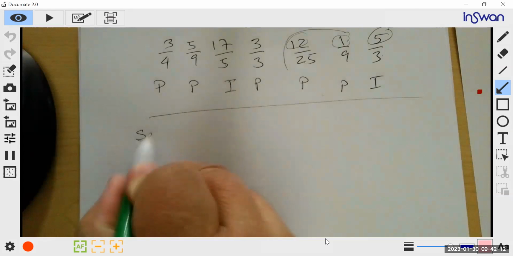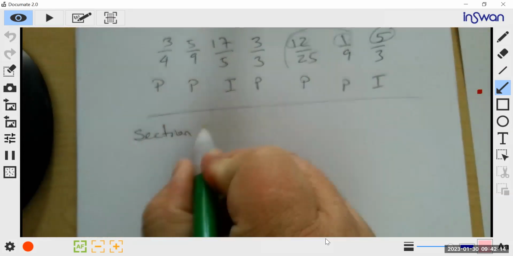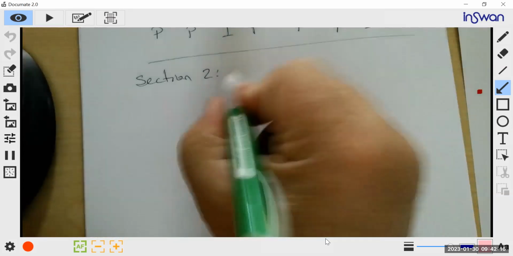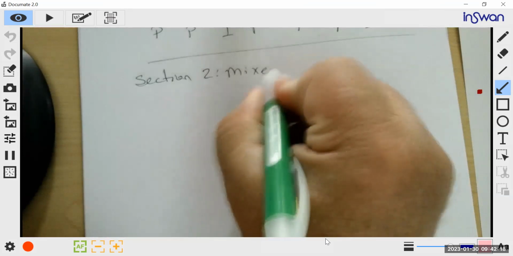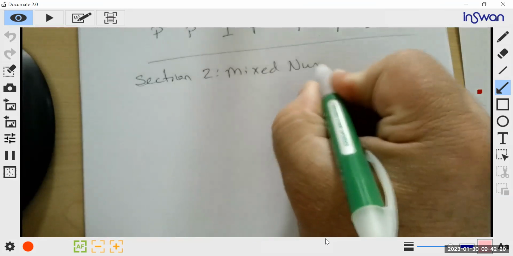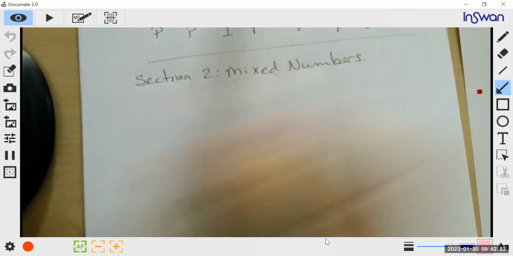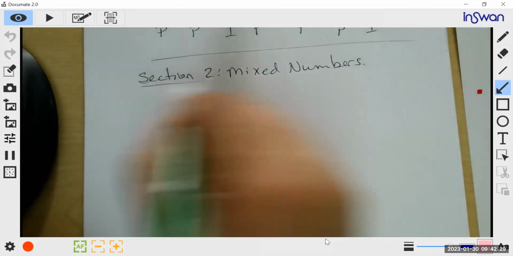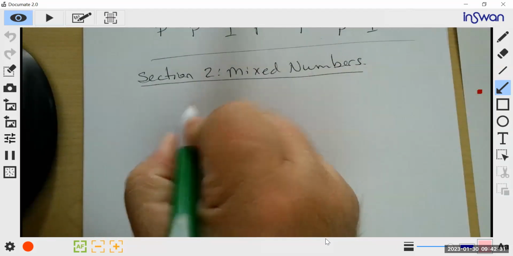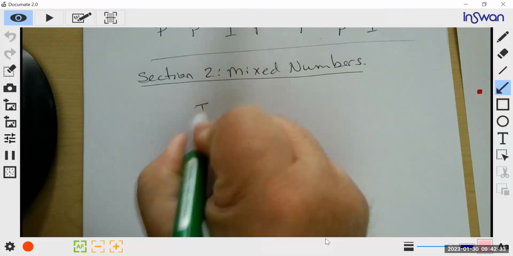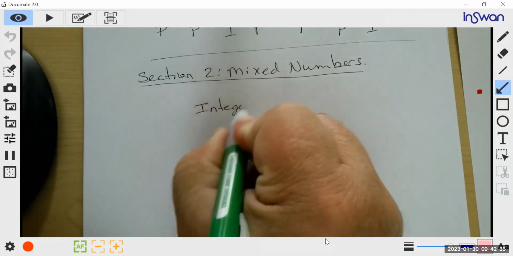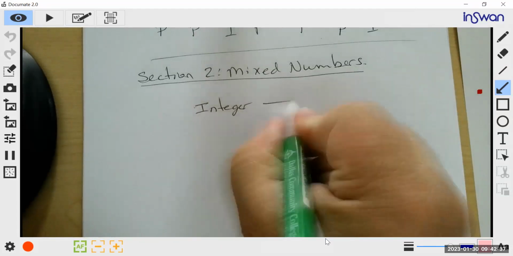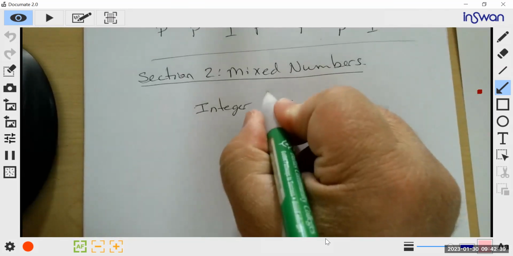Now, section 2 deals with mixed numbers. The reason they're called mixed numbers is because it has an integer and a fraction.